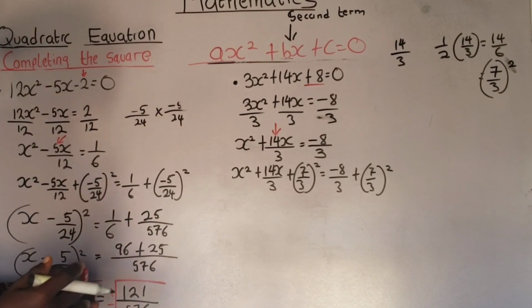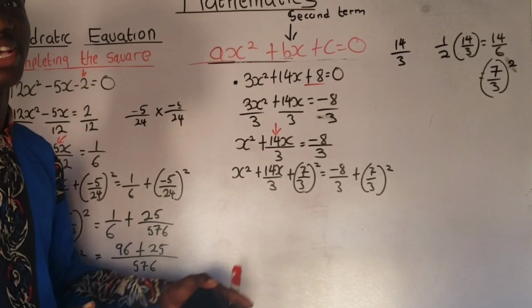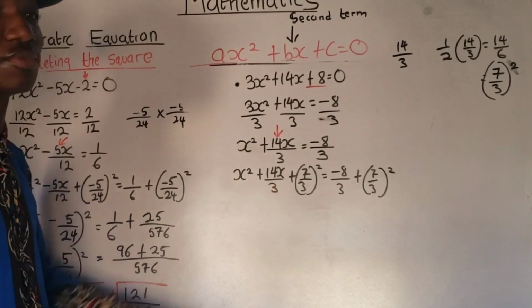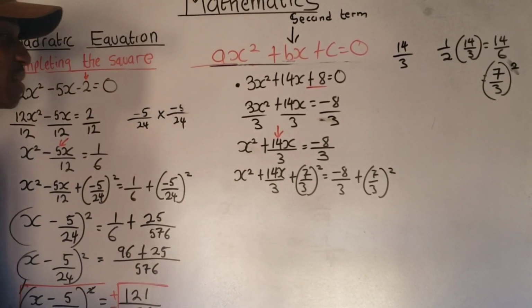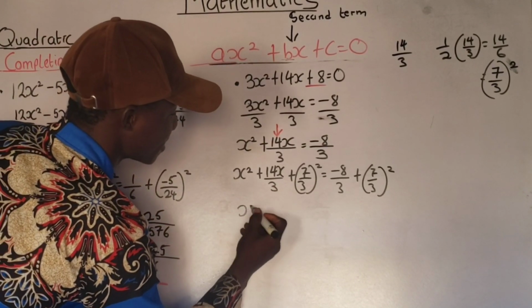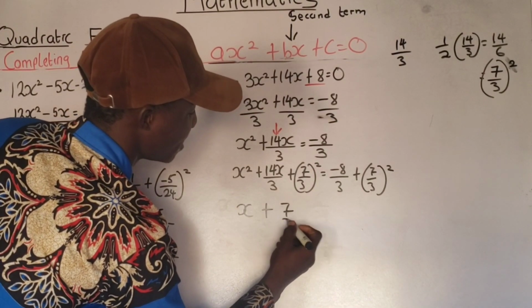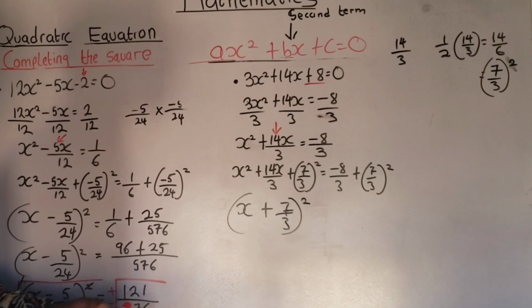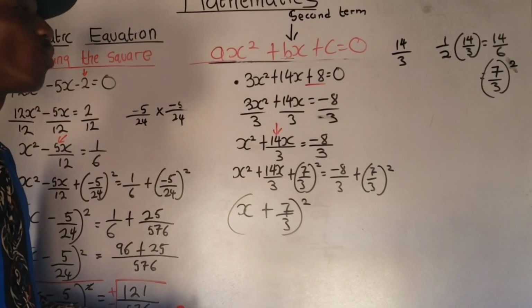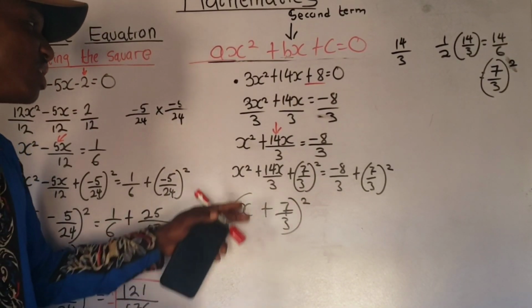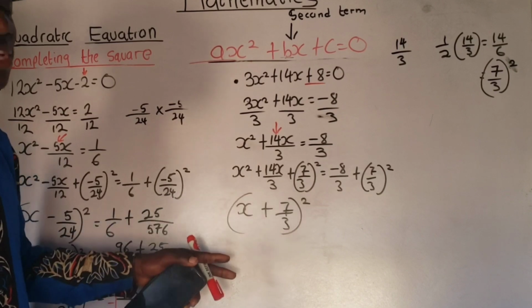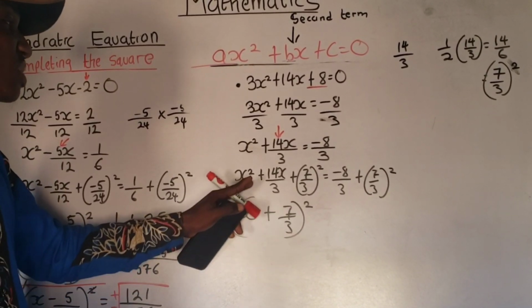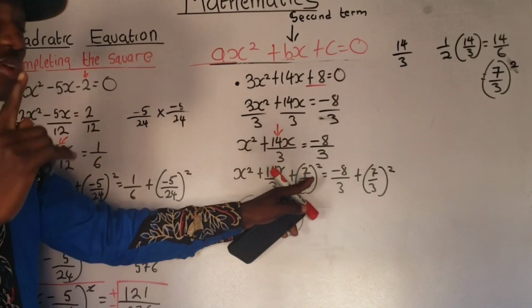Now, the next step here is that you have to rewrite the left-hand side of this equation as a perfect square. That simply means that you just have to put x plus what you added, all over, squared. You just take one x and take the 1 out of the square.